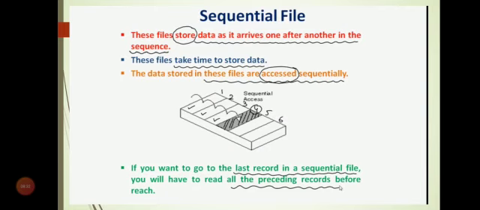These files store the data as it is retrieved, one after another in sequence. My dear students, these files take time to store the data. The data stored in these files is accessed sequentially. If you want to go to the last record in a sequential file, you will have to read all the preceding records before reaching it.